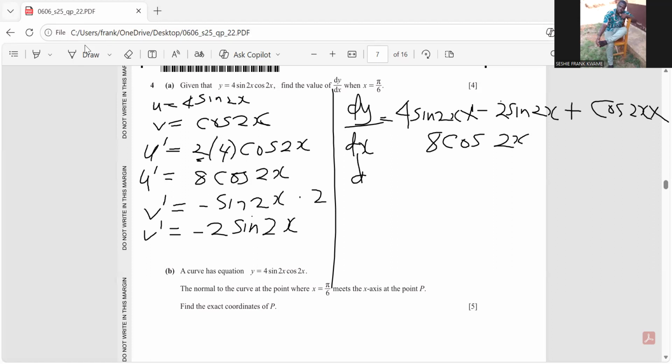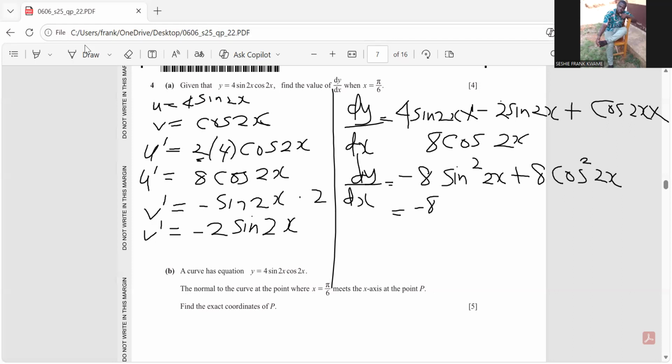So dy/dx should now be negative 8 sin squared 2x plus 8 cos squared 2x. Now we having this, don't forget, we can factor out negative 8, or we can leave it this way.